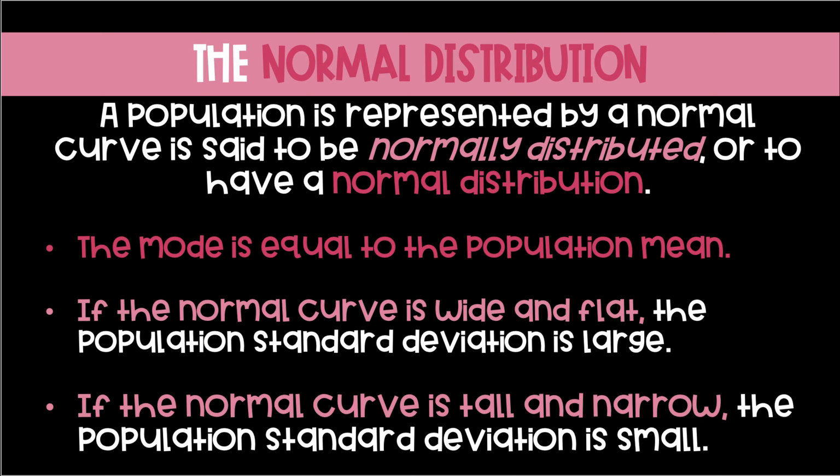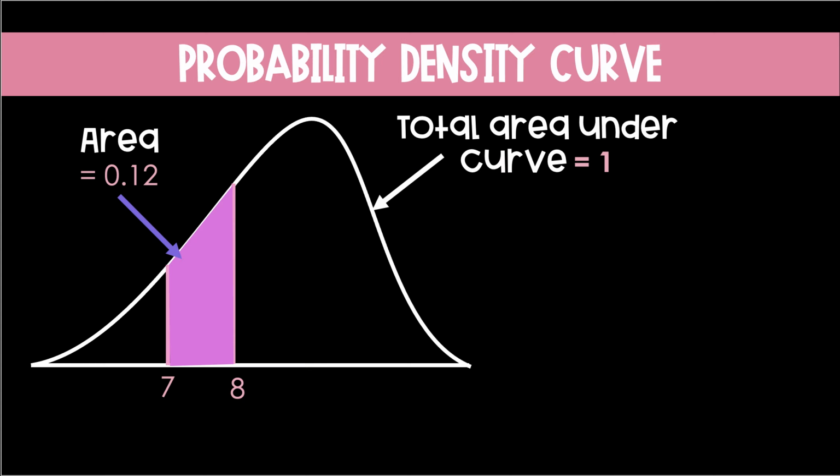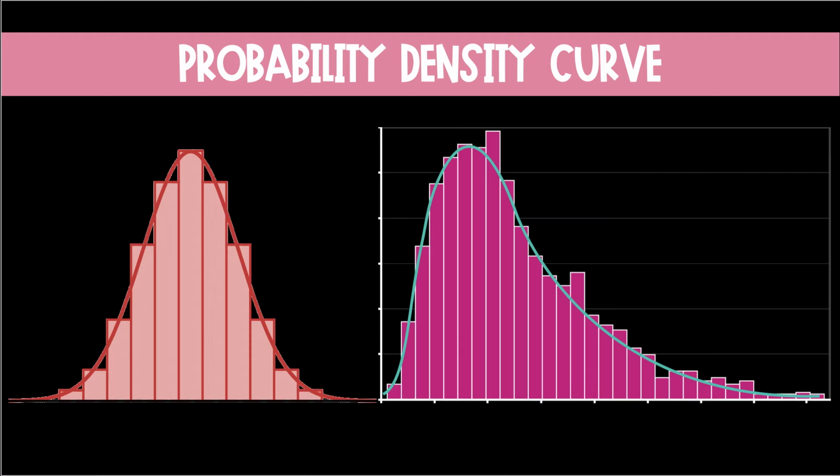Let's go over the normal distribution now. A population represented by a normal curve is said to be normally distributed or to have a normal distribution. In the previous two examples, we had this probability density curve, which we were not told if it was normal or not normal. We had these two probability density curves also before, but we were not told if they were normal or not normal.